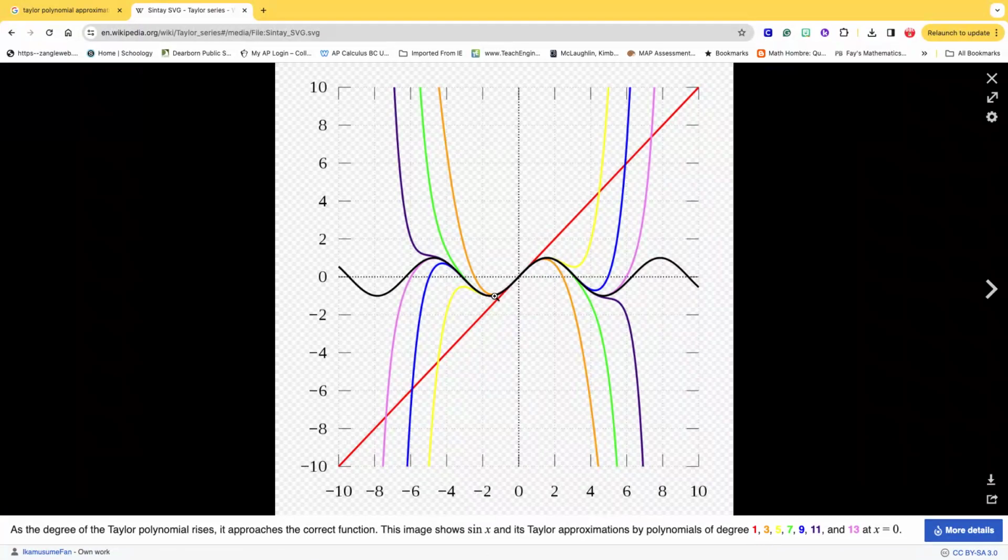You notice that it follows that sine function, which is the black function, a little bit better. If we go to the 5th degree, that even hugs that sine function a little bit longer.